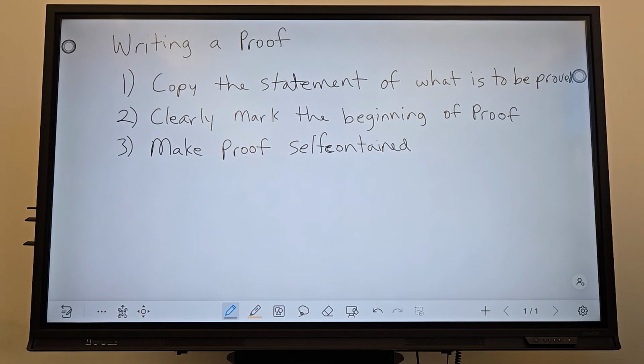So don't assume knowledge of variables that shouldn't be there. You declare your variables, what they are, in the proof. Make it self-contained so they don't have to look for outside references. At a later point in your proof, you may introduce a new variable to represent a quantity that is known at that point to exist.